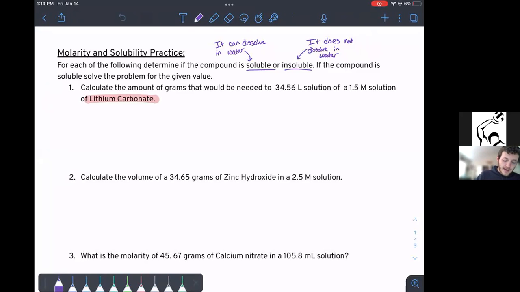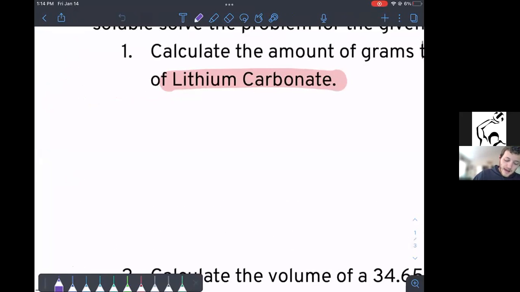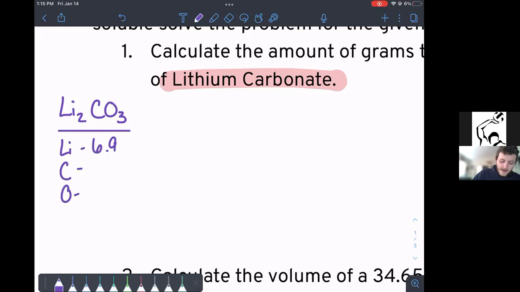So now we go back and we find the molar mass of lithium carbonate, just like always. So we have lithium carbonate, which is Li2CO3, because there's a +1 charge for lithium and a -2 charge for carbonate. And then we have lithium, carbon, and oxygen, lithium being 6.94, carbon being 12.01, and oxygen being 16 for the molar masses.